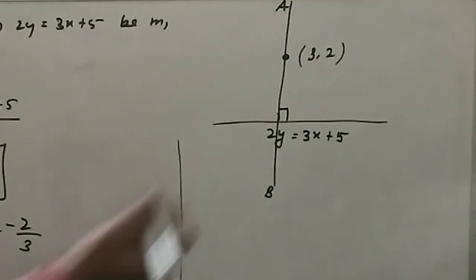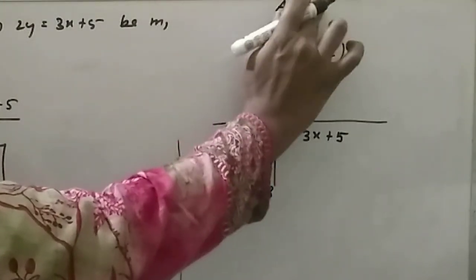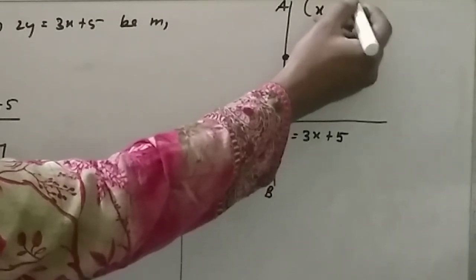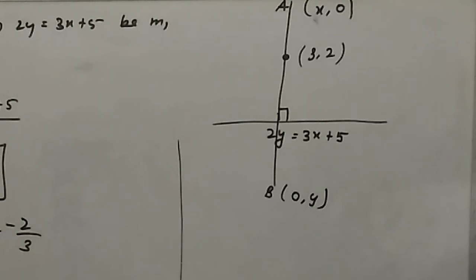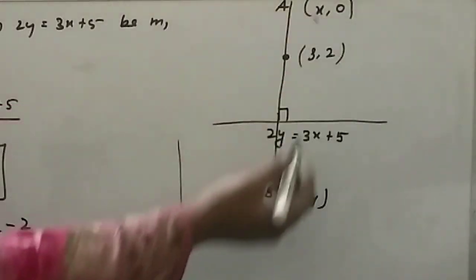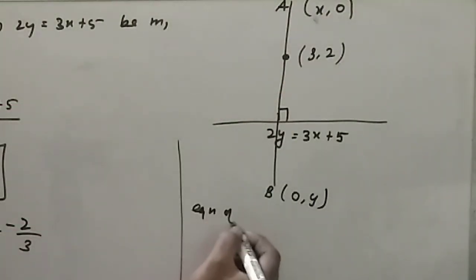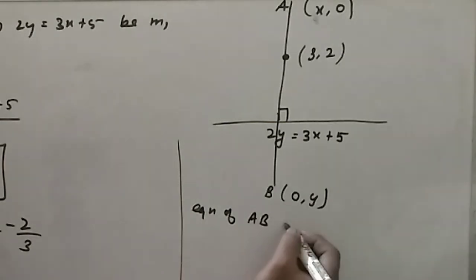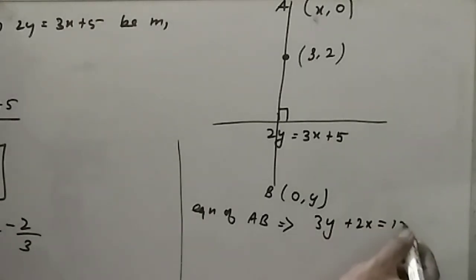Coordinates of A will be x, 0 and B will be 0, y. Write the coordinates of A and B. And you know the equation of AB is 3y plus 2x is equal to 12.